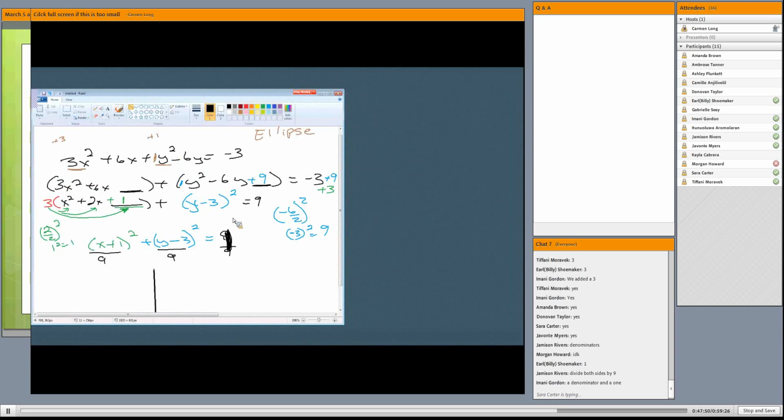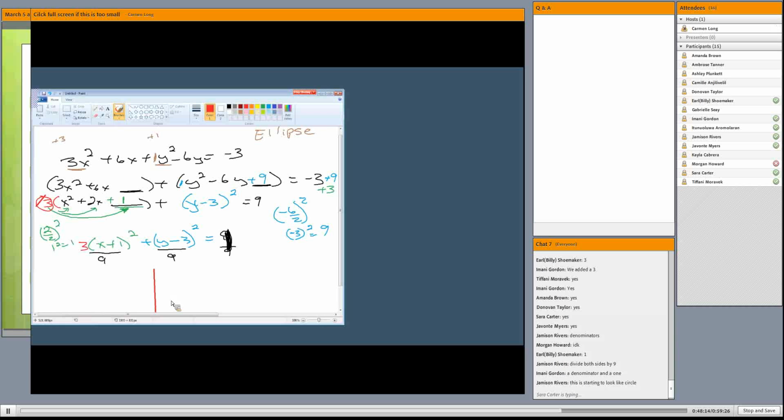Something's off and I can't put my finger on what. Hold on. Did I write the problem down right? 3x, 16. We're not ready to graph just yet. We got to deal with that.